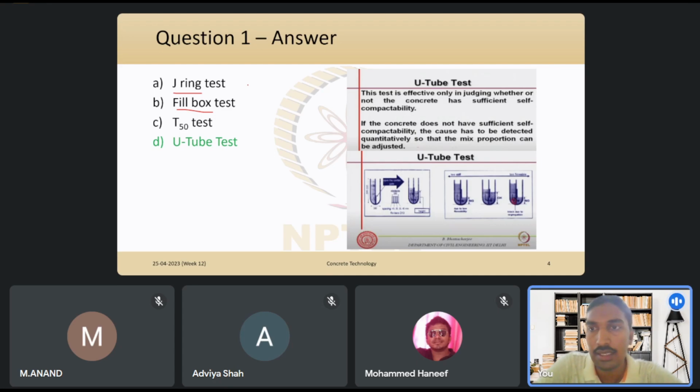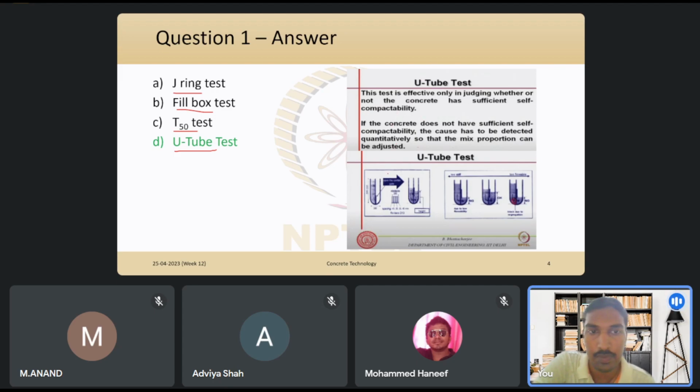How does it pass through those obstacles? For testing that, you will use the J-ring test and the fill box test. The T50 test is for the flow of slump. The U-tube test is what we use for testing the compactability, and it is only for testing the compactability and not for the other factors.